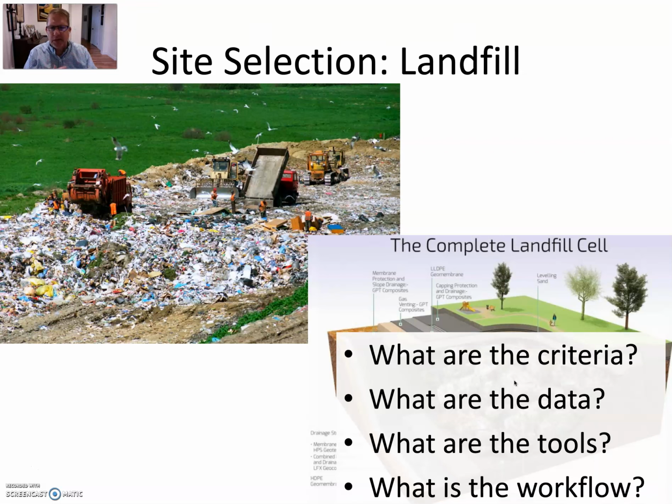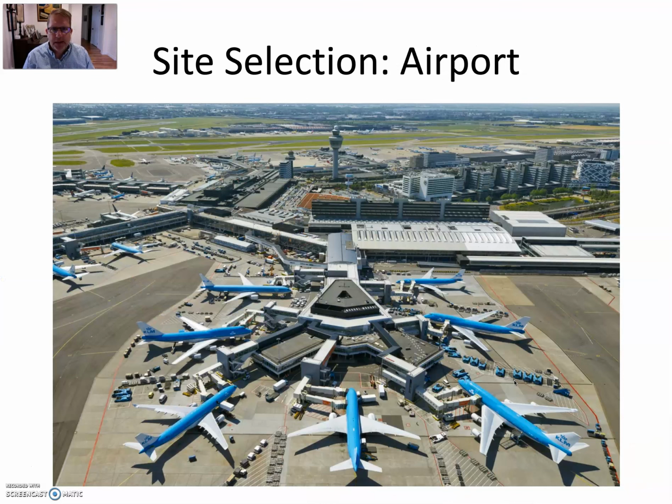If we were talking about this together one-on-one, I would be asking you these questions and having you brainstorm with me. Maybe grab a notepad and write some of these things down. Airports. Airports are kind of fun to think about what kind of criteria go into them. Airports are always built outside of cities, and then later the cities grow up and get closer and closer and encroach upon the airport.